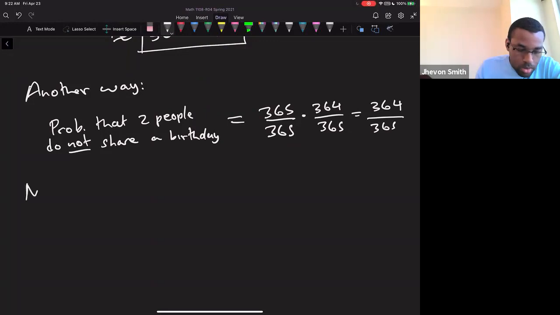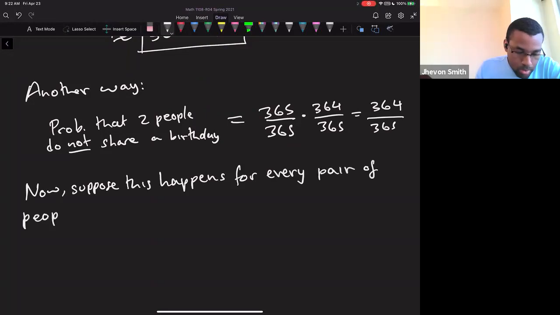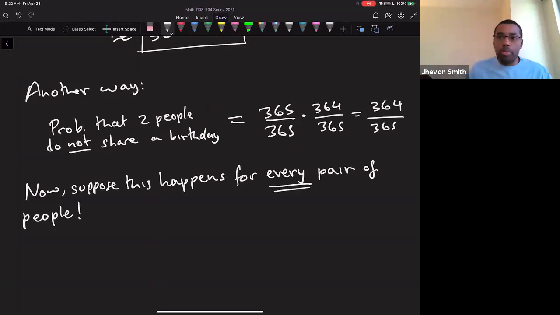So now, suppose this happens for every pair of people. Suppose every two people you pick, this is the truth, which means that no two people would share the same birthday. So now all that matters is you would count the number of pairs, like how many times would this actually occur?